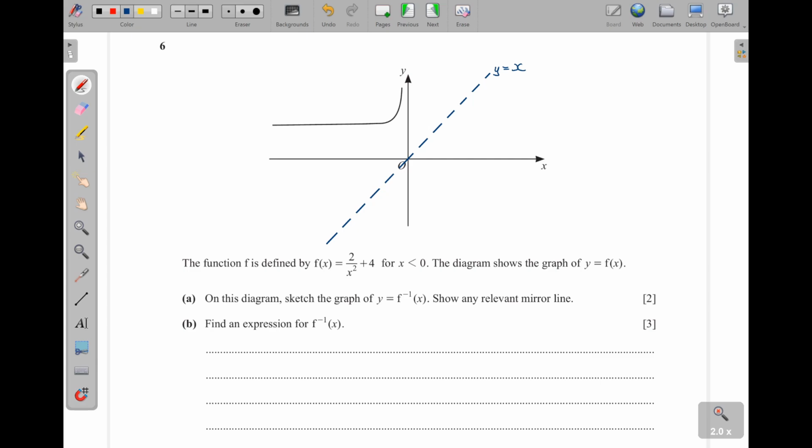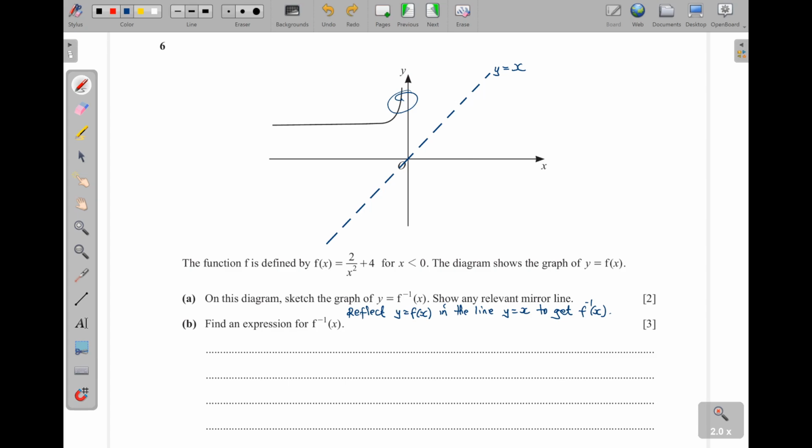So what I can say here is just reflect y equals f of x in the line y equals x to get f inverse, not f prime. f prime means differentiation. So if I had a 2 here, then the 2 will be here.